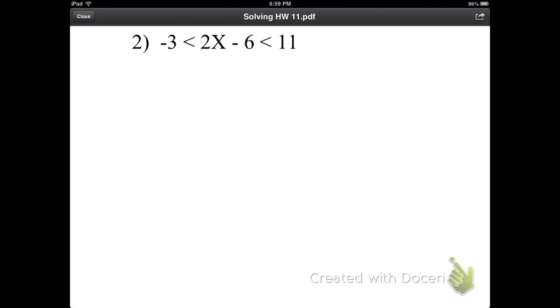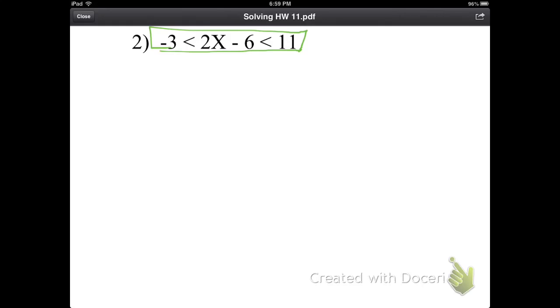I hope so. Okay, this one looks a lot like what I pointed out in class. It's two inequalities written in one line. When you run into this situation, you need to write out the two inequalities.